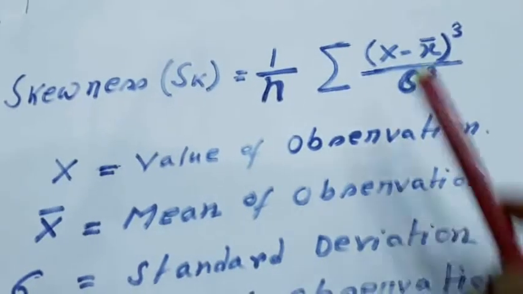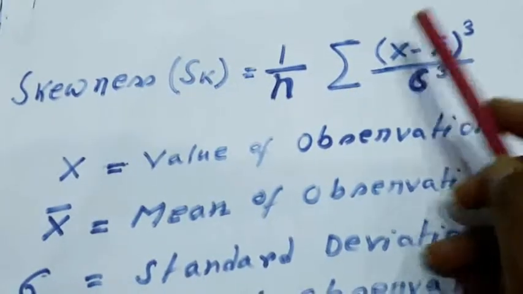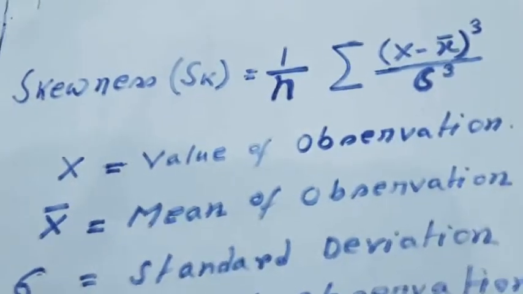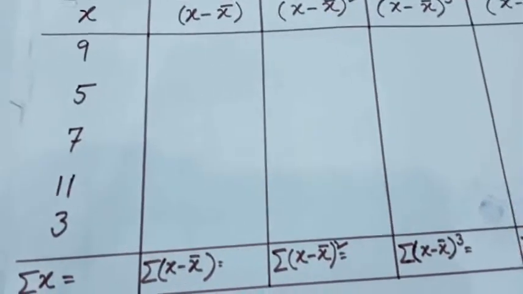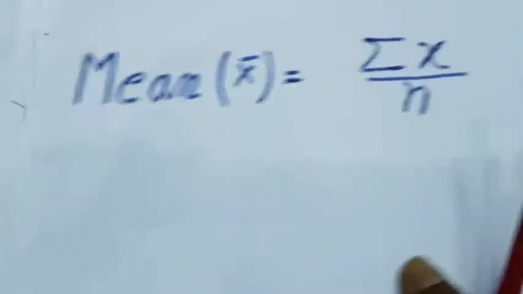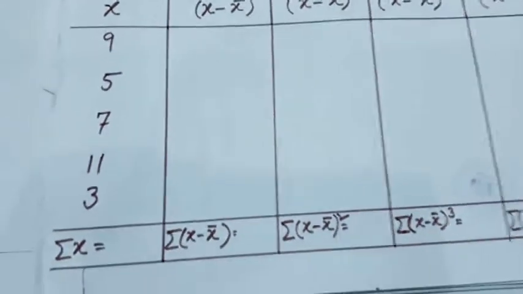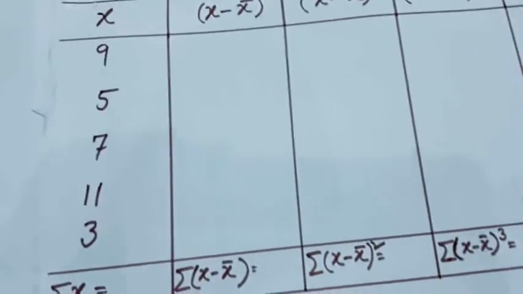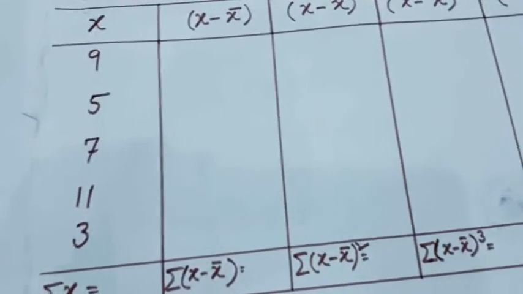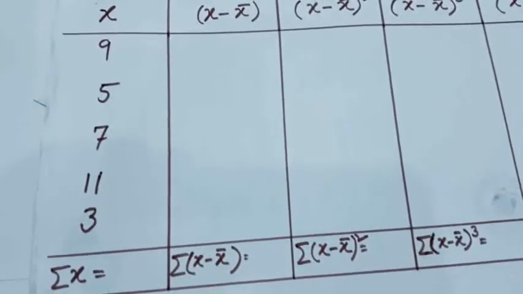What is the demand of the formula? X minus x bar. It means firstly we have to calculate the x bar. How x bar is calculated? We know x bar is calculated by summing of the observation x divided by number of observation. In our problem, what is the sum of x? Here sum of x means 9 plus 5 plus 7 plus 11 plus 3.